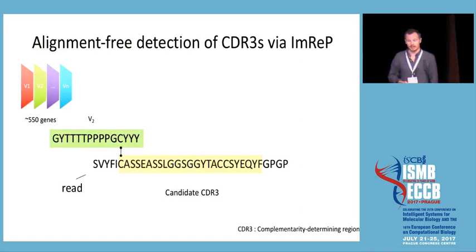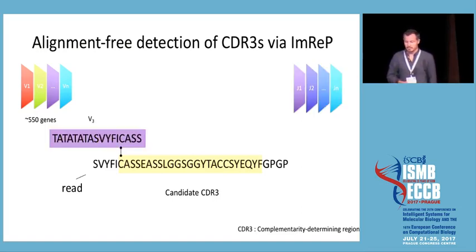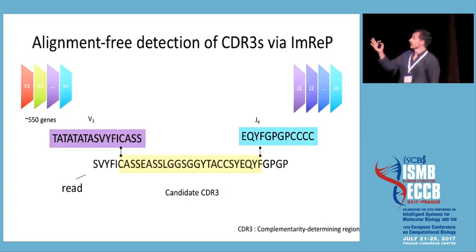V2 didn't match, and then V3, that's your match. So we found the corresponding V3 gene, and we repeat exactly the same procedure for the J genes, and let's say J4 was your match. That will be the CDR3 sequence the method will assemble or reconstruct.